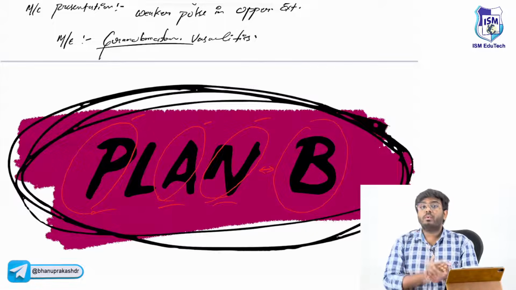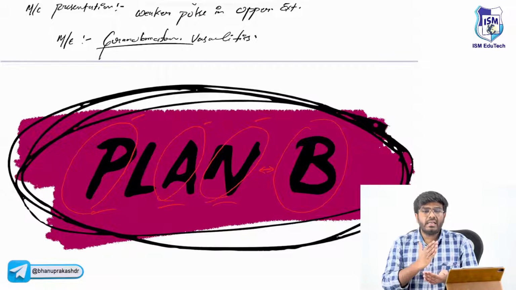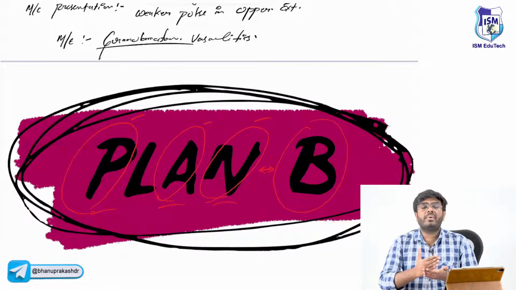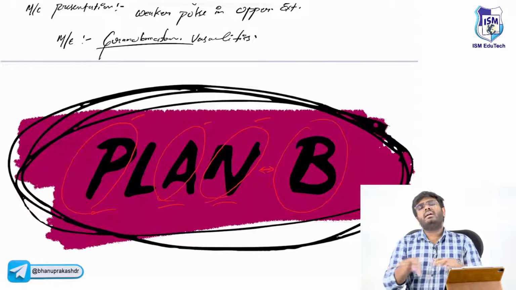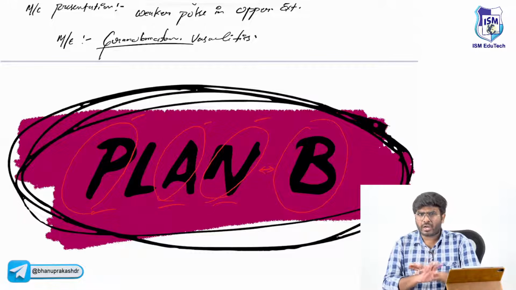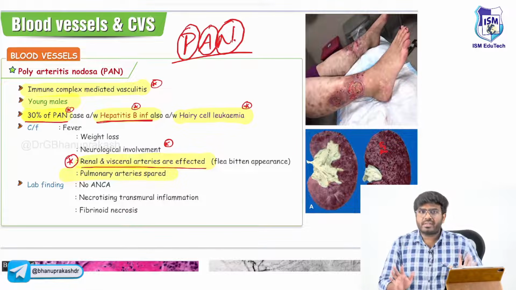The most common blood vessels involved are the renal arteries. Because of kidney involvement, flea-bitten appearance is seen. Usually in this condition there is no hematuria. Nephritic syndrome and hematuria are not seen. What you have is the flea-bitten appearance of the kidneys.